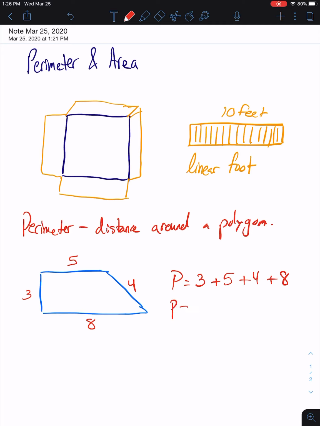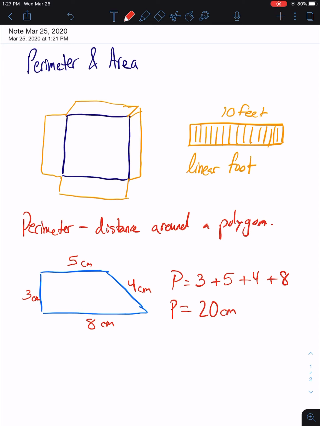And we end up here with a perimeter of, I believe, 24. Nope, 20. Even I get ahead of myself sometimes with those numbers. So P equals 20, and it's 20 whatever. Let's assume that our measurements here are in centimeters. So we're going to have 20 centimeters.